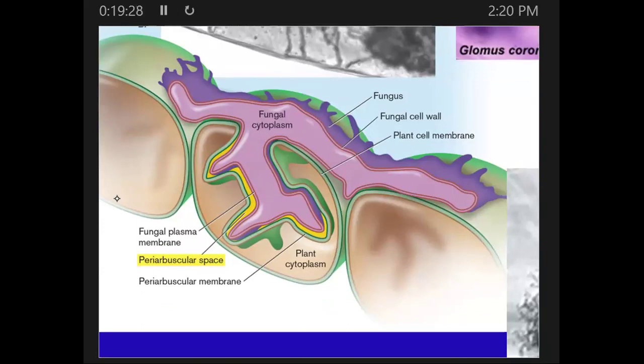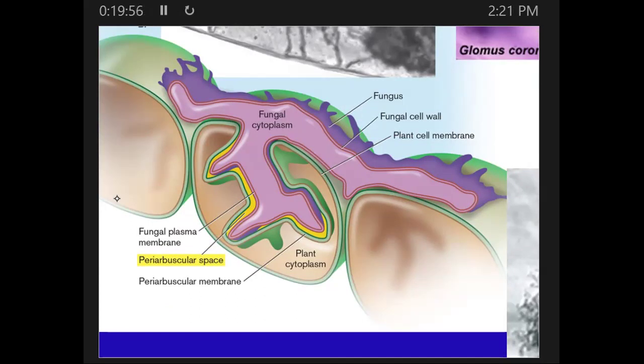the fungus is in purple, right? So this is the fungal hyphae, purple and pink is the fungus. Green is the plant, green and pink. And so we see the fungal hyphae has pushed up against the plant cell membrane. And it looks like it's in the root cell, but technically it's always surrounded by a plant-derived membrane.